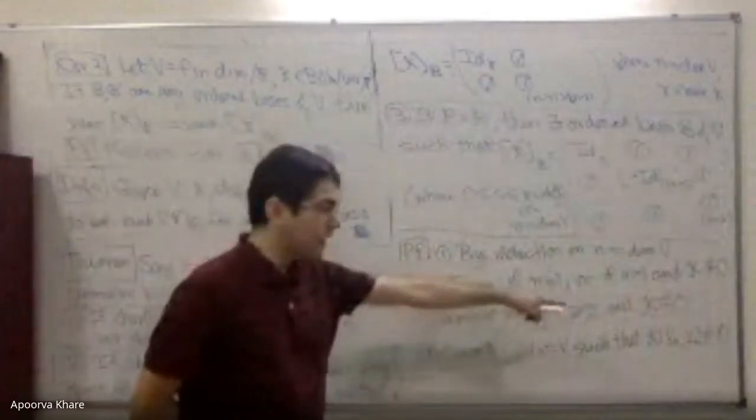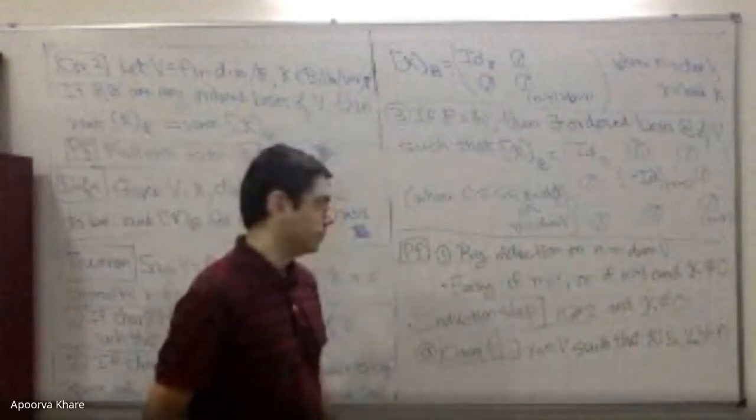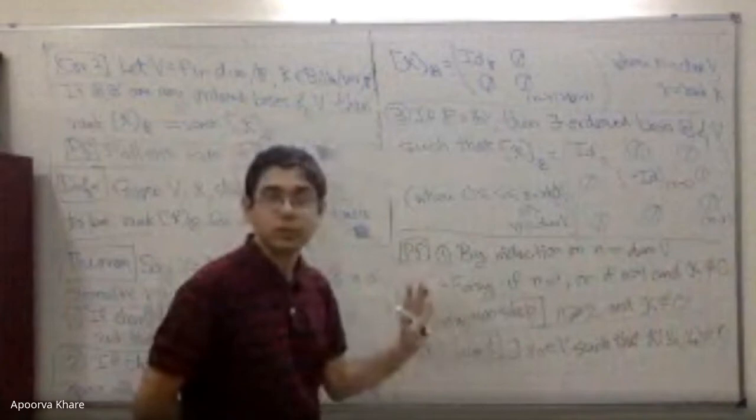So what happens if every kappa of V0 comma V0 is 0? If every one of those is 0, then I claim that kappa is 0. And that's the problem, right?